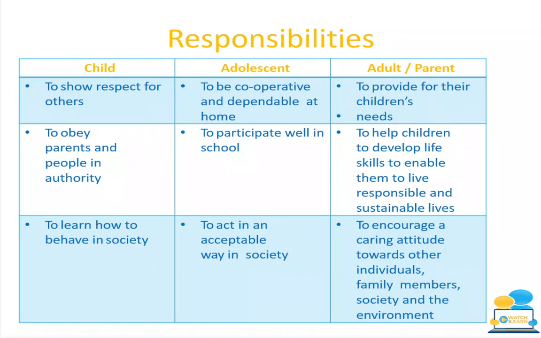So, for example, how to put on socks, how to turn on a light, how to make their breakfast, how to zip up a zip, how to tie shoelaces, teaching them how to cook and do things which will enable them to be effective members of society. Parents also have the responsibility to encourage a caring attitude towards other people, not just people in your family, but people in the wider community as well.